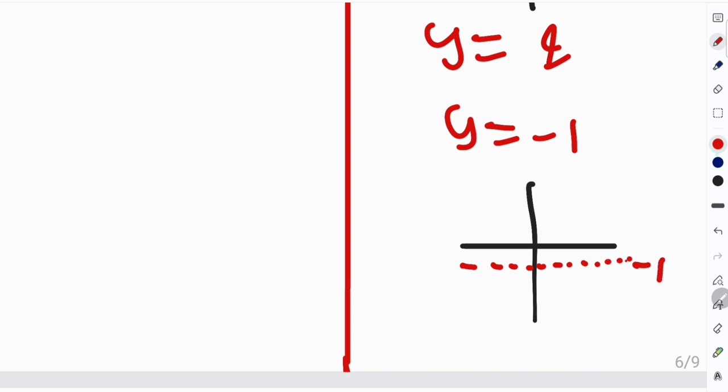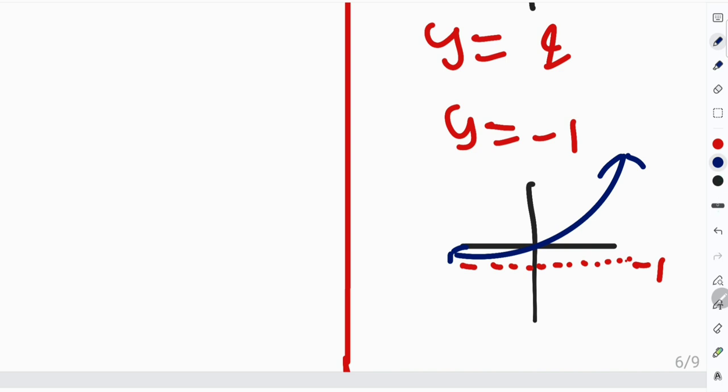Then I know that no matter what happens, this graph is going to move this way. It's going to come close to -1, but it's not going to touch -1, up until it reaches -infinity. It's going to keep on moving like that, but it's not going to touch it. So that's how it moves.